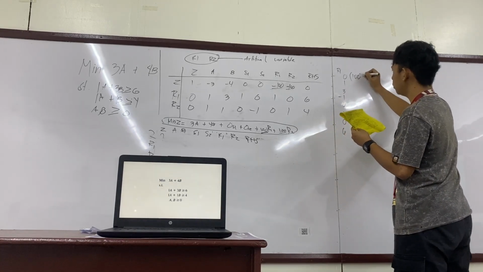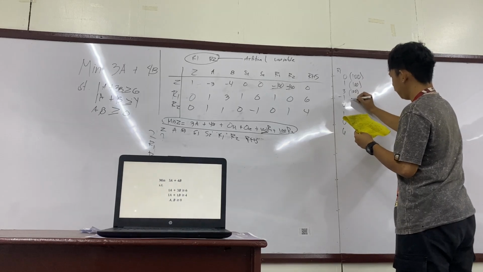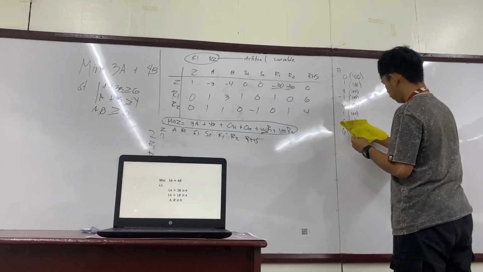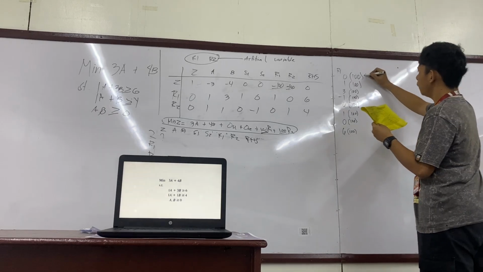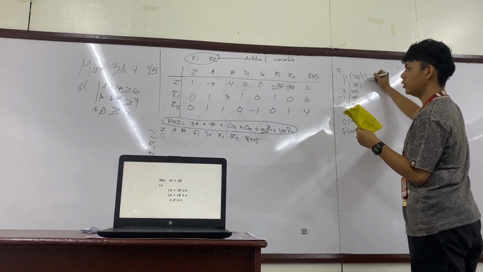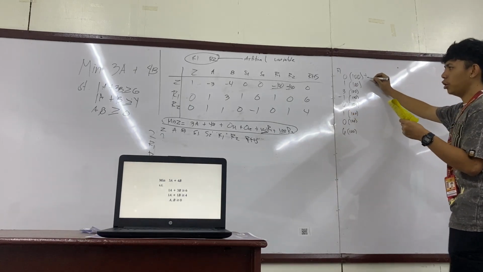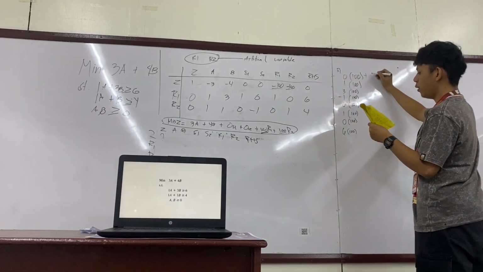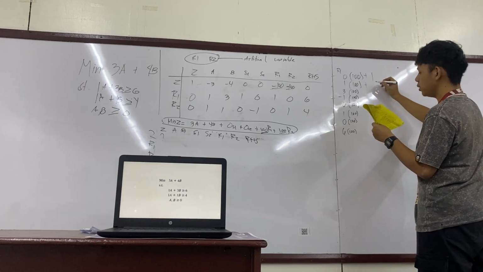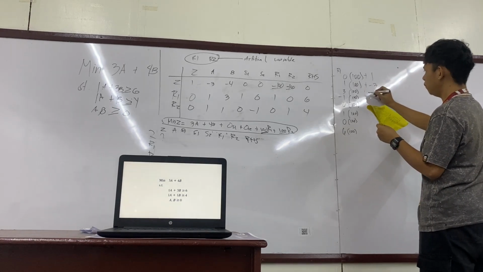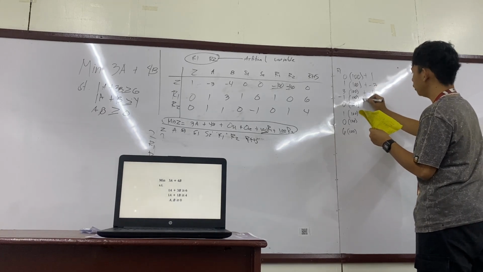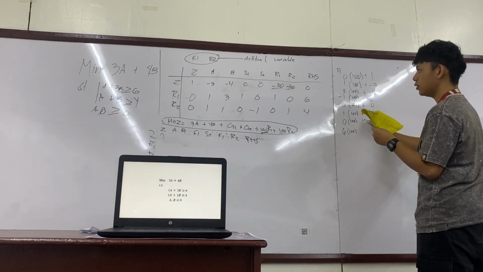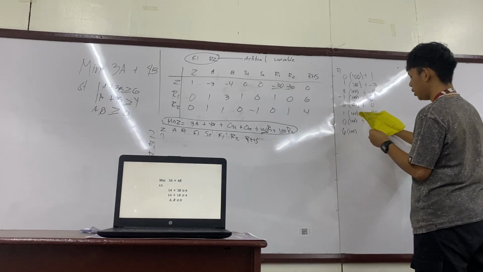Then we add the Z here. So 1 plus 1, then negative 3 plus negative 4 plus 0 plus 0 plus negative 100 plus 6, negative 100 and negative 1 plus 0.